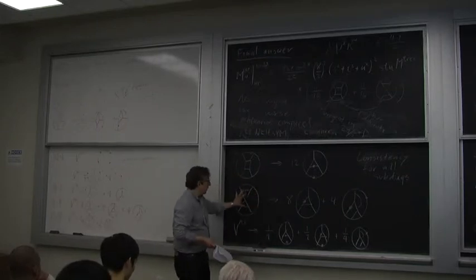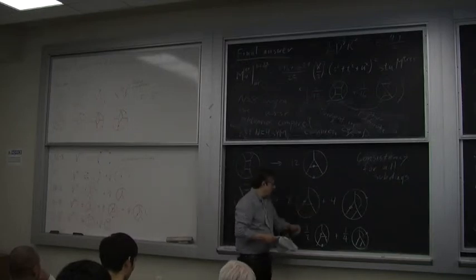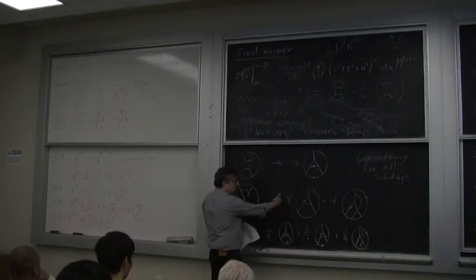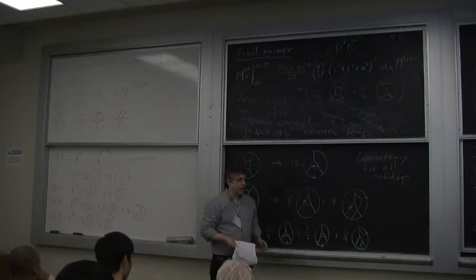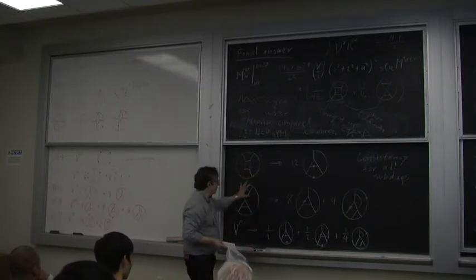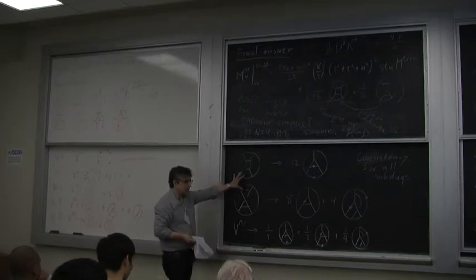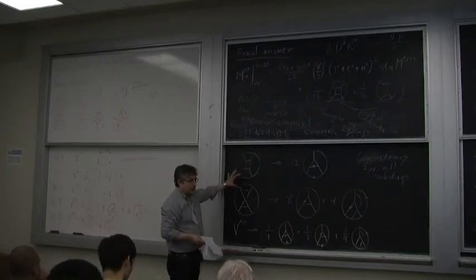You can directly try to bootstrap. Basically, you try to reverse the arrow, and you try to go to higher loops. That involves some guesswork. Or what you do is you use this, because you now know a lot about what the answer is going to look like.